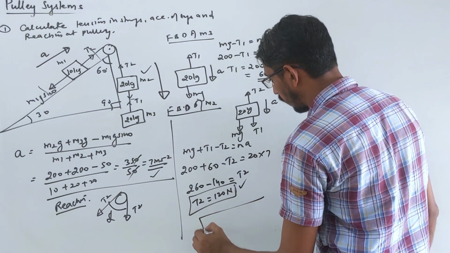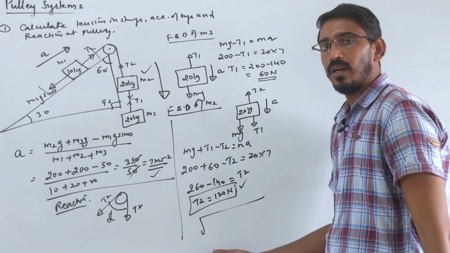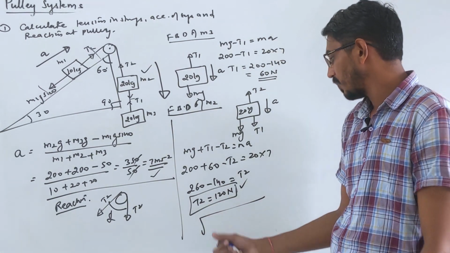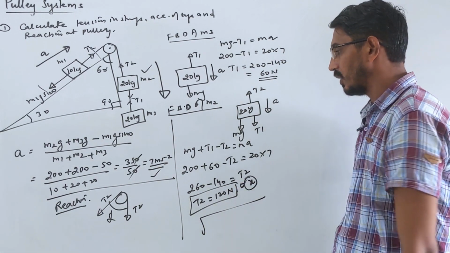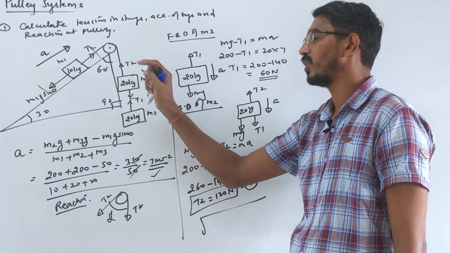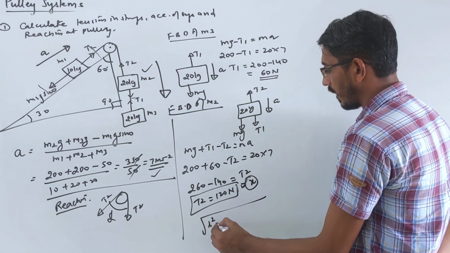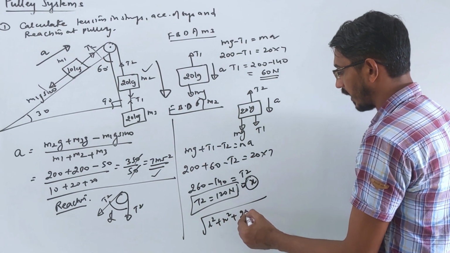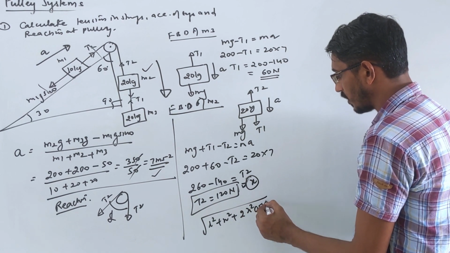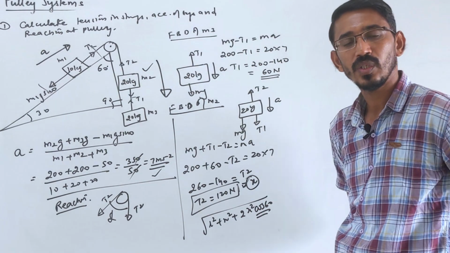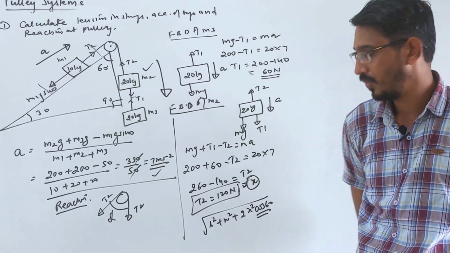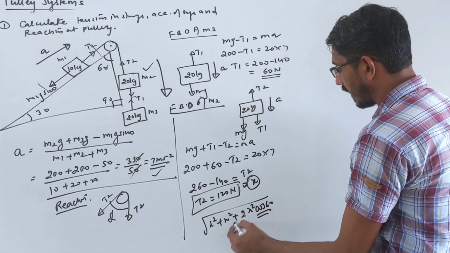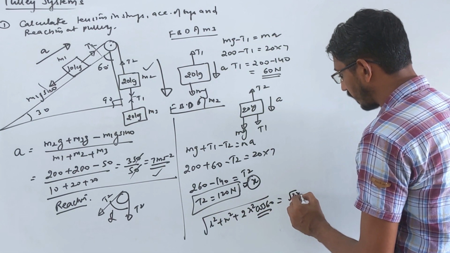When you write in a vector formula, you don't put the values. Suppose you call this X. So A and B, this force and this force, both are the same. So you write x square plus 2 x1 x2, that means x square, and cos 60. Cos 60 is 1 by 2, so this gets cancelled, and we get root 3 times x.